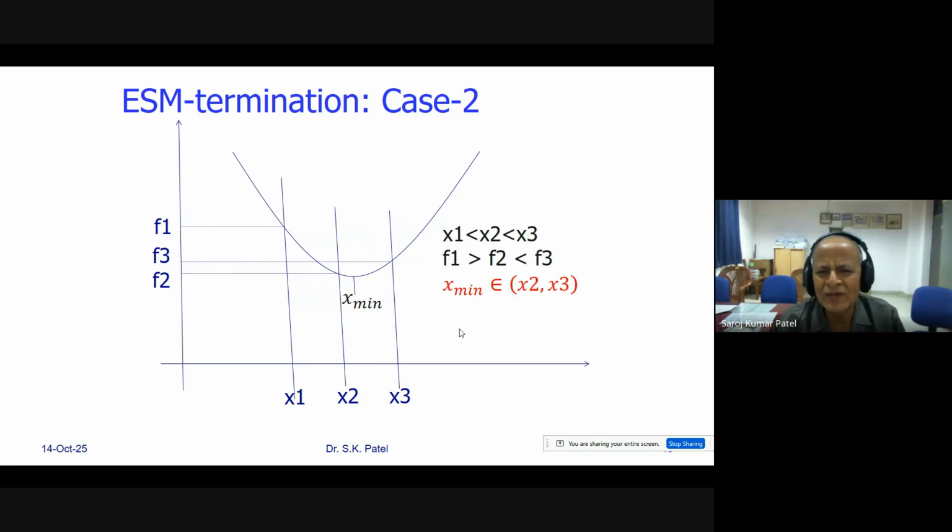In this case, you see, x minimum lies from x2 to x3. Same condition, f2 is less than f1, f2 is less than f3. Although the x value is increasing, the f value is not decreasing monotonically. Initially it started decreasing, then it started increasing, meaning we have crossed this minimum point.